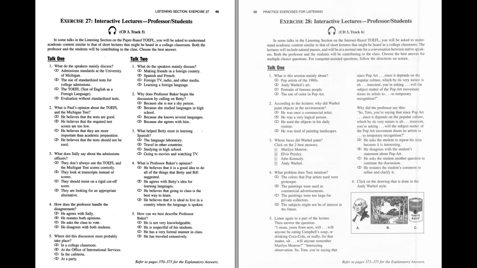Three. Whose faces did Warhol paint? Four. What problem does Tom mention?